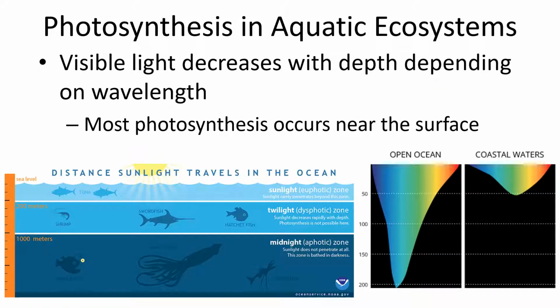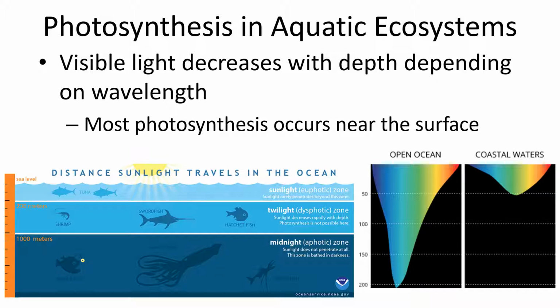But moving on to more about oceans, in aquatic ecosystems, photosynthesis is a little bit impeded. Basically, visible light decreases with depth. Light does not penetrate water very far, and it depends on the wavelength. That red wavelength, that really long wavelength, doesn't penetrate that much.